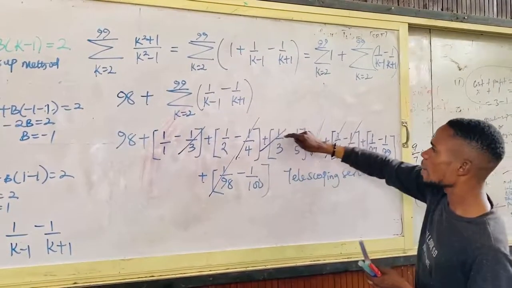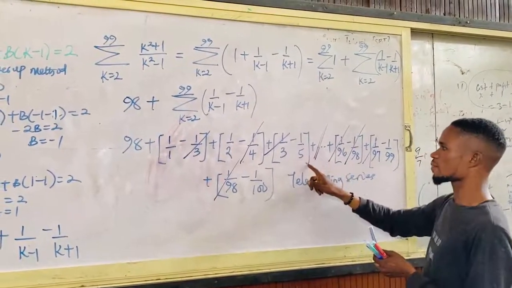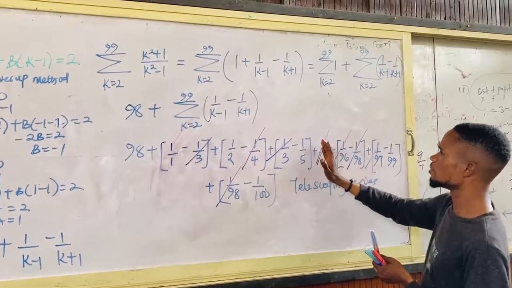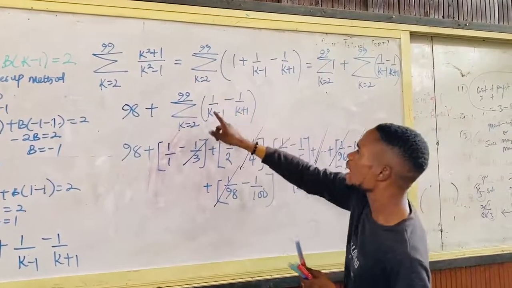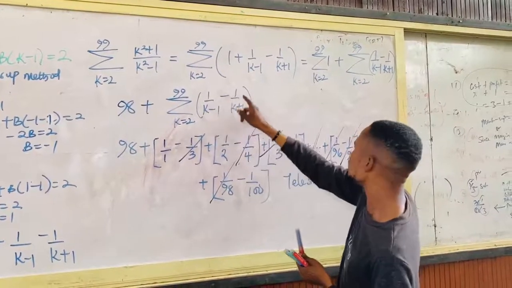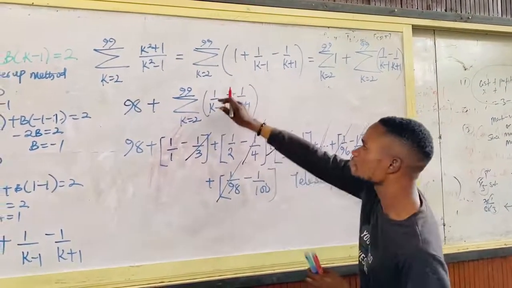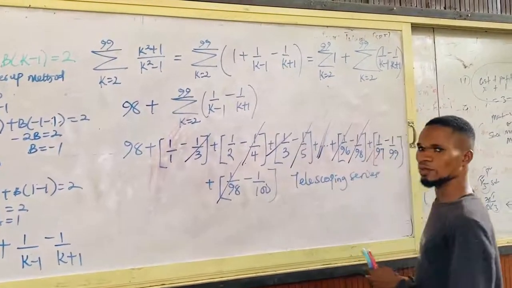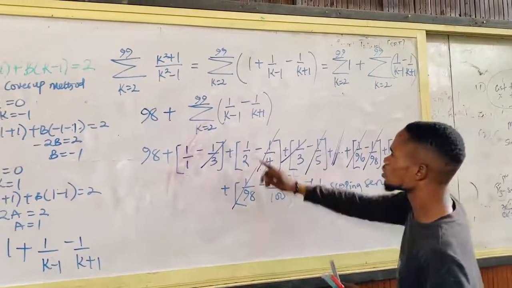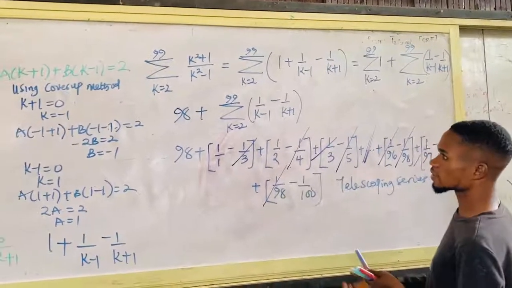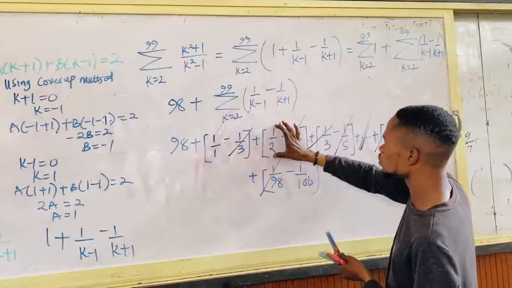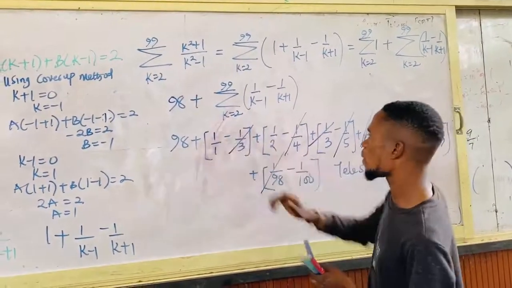If I take k as 6, that would be 1 over 5 minus 1 over 7. That means this 1 over 5 kills the plus 1 over 5. What I have is 1 over 2. If I take k as 3, that's 1 over 2 minus 1 over 4, so this 1 over 2 will stay here. And this is 1.